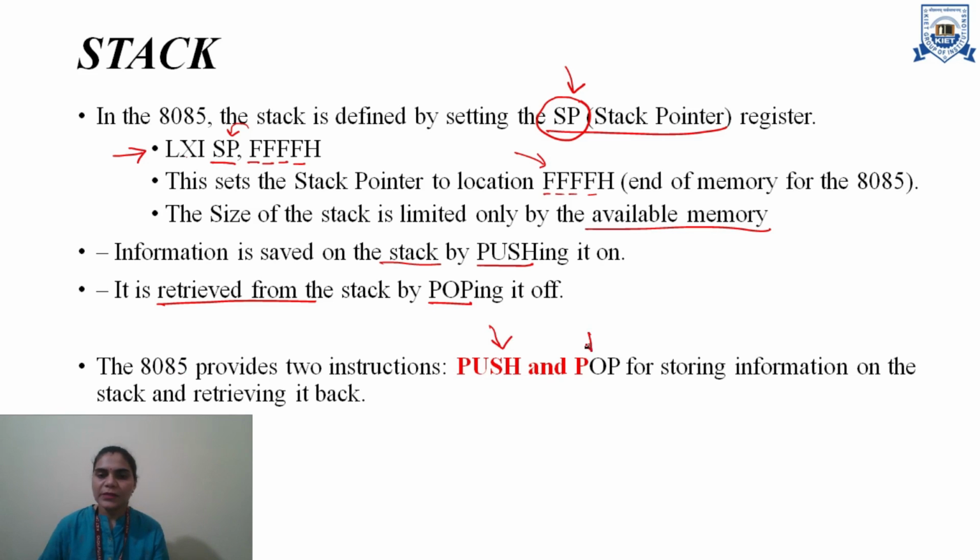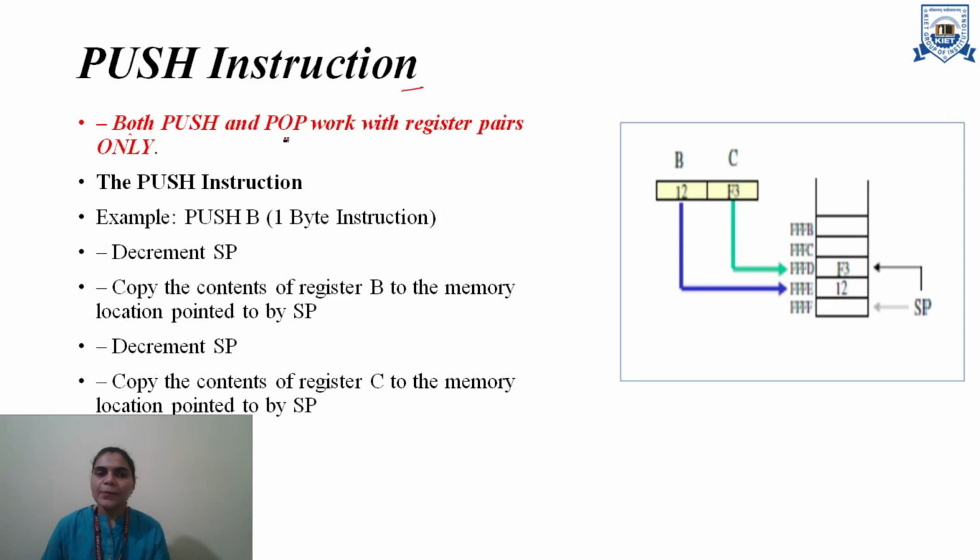One is push, second is pop, for storing information on the stack and retrieving it back. Push and pop work with register pairs. So we have the BC pair, DE pair, and HL pair in the 8085 microprocessor.